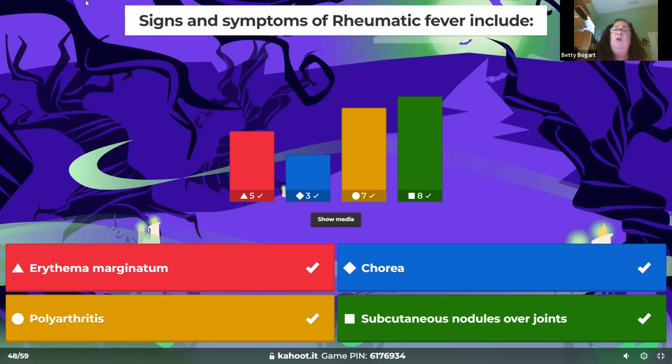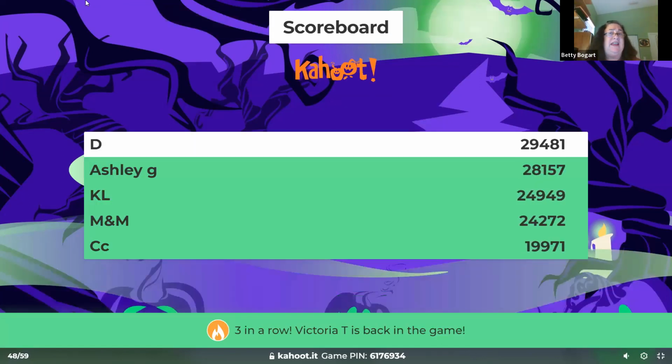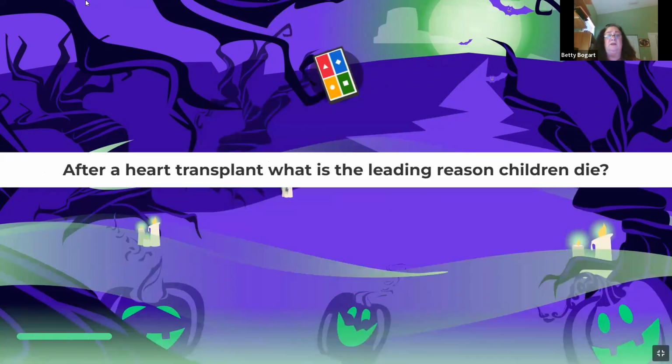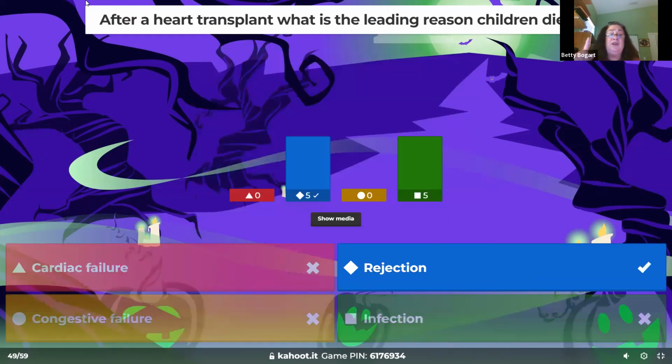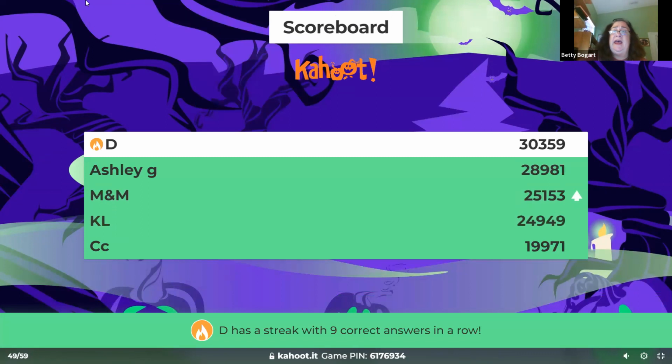And again, once we treat rheumatic fever, which is a strep infection, we treat them with the antibiotic, everything goes away except permanent heart damage. After a heart transplant, what's the leading reason children die? And it's rejection. It is not infection, it's rejection. The body says, no, no, I can't have you.